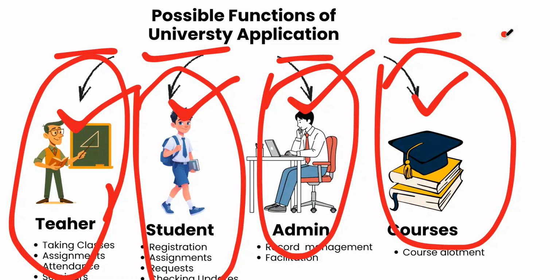In the same way, if there is any issue or bug, we can easily address it, because we know exactly that if the bug is related to the teacher, we will debug the teacher. If it is related to the student, for example the registration file is not working, then we will go to the registration.